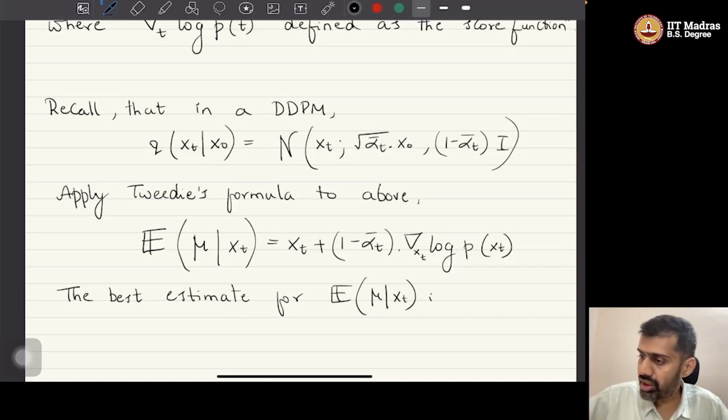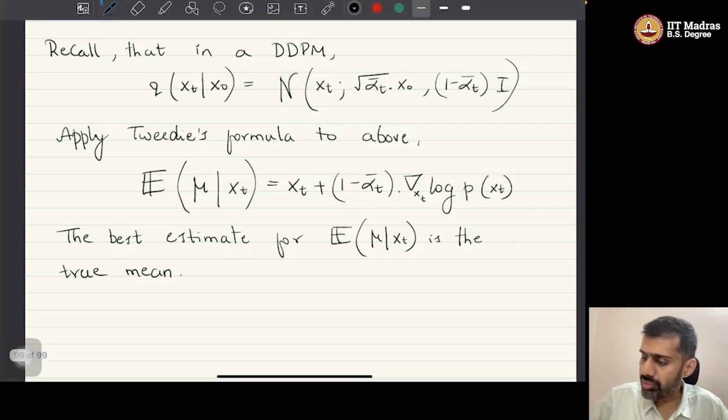If we know what the exact true mean is, the best estimate is the true mean itself, which implies that the expectation of mu given x_t is the mean of this distribution, which is root of alpha_t bar times x_0.